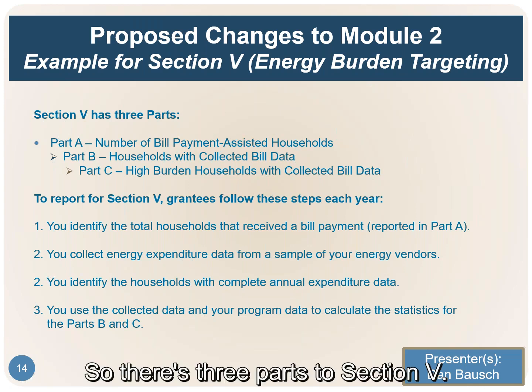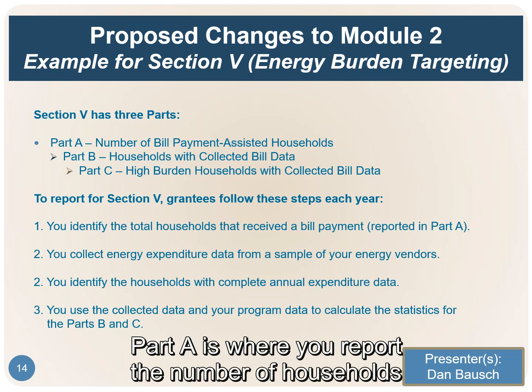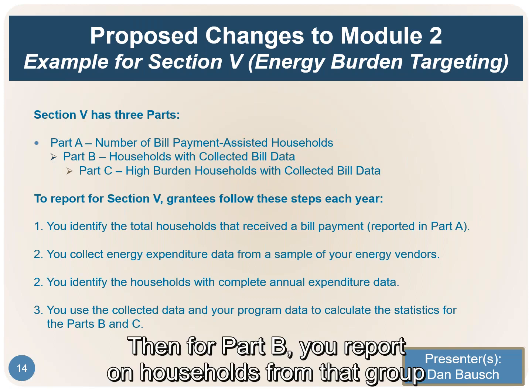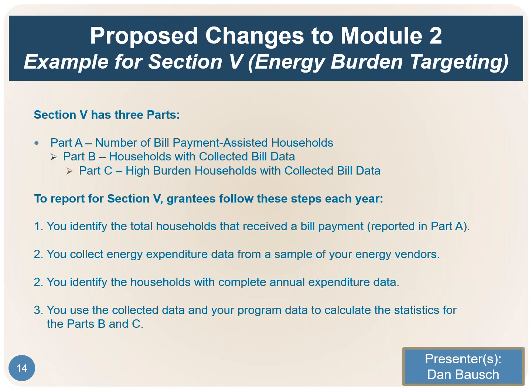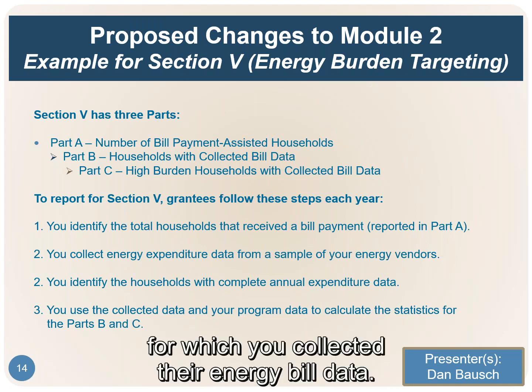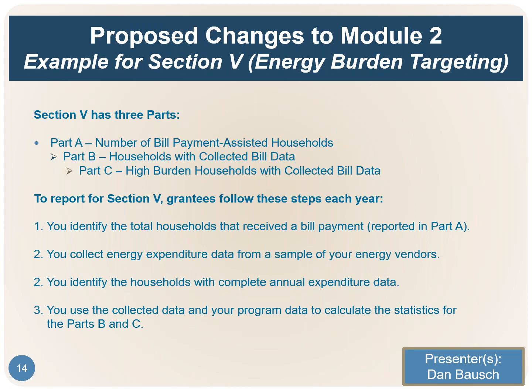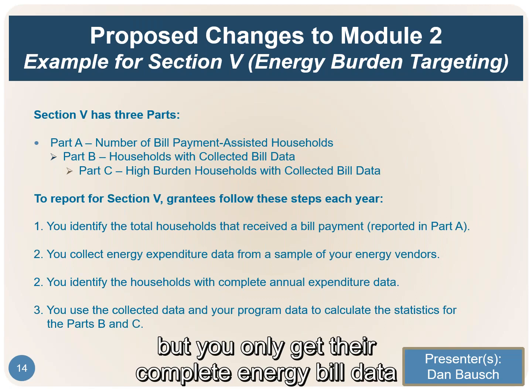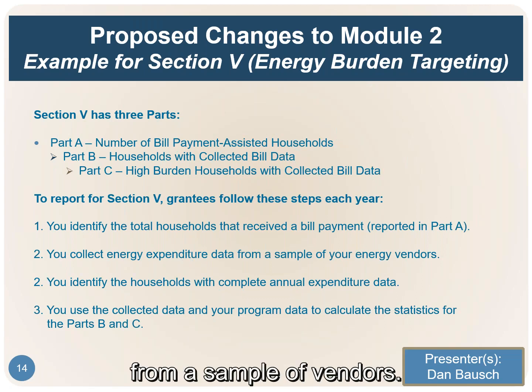So there's 3 parts to section 5. Part A is where you report the number of households that got bill payment assistance in the fiscal year. Then for part B, you report on households from that group for which you collected their energy bill data. So most states, you serve a certain number of households, but you only get their complete energy bill data from a sample of vendors.